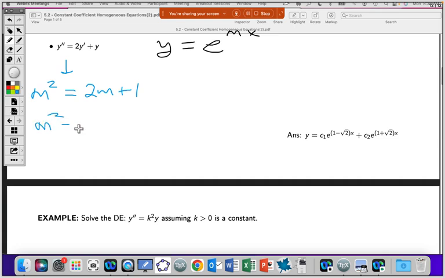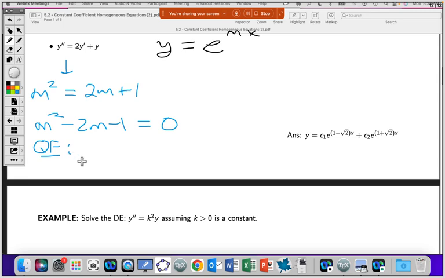Quadratic equation, m squared minus 2m minus 1 is 0. You might try to factor this nicely. It doesn't factor nicely, so we can always bust out the quadratic formula here.